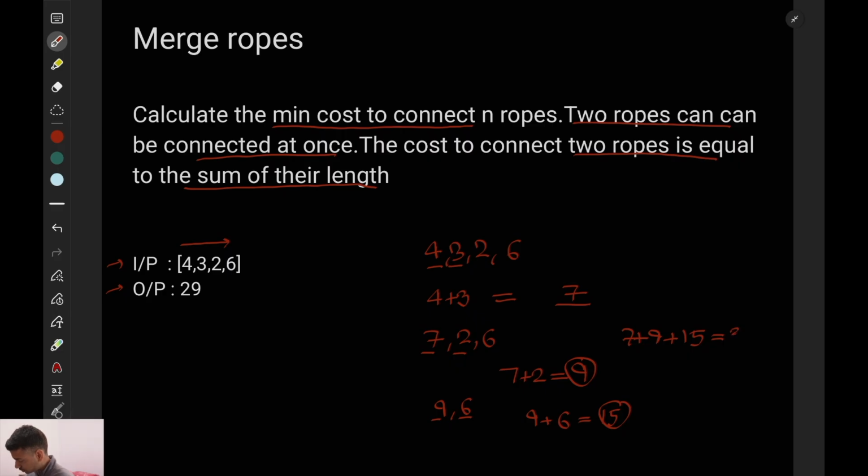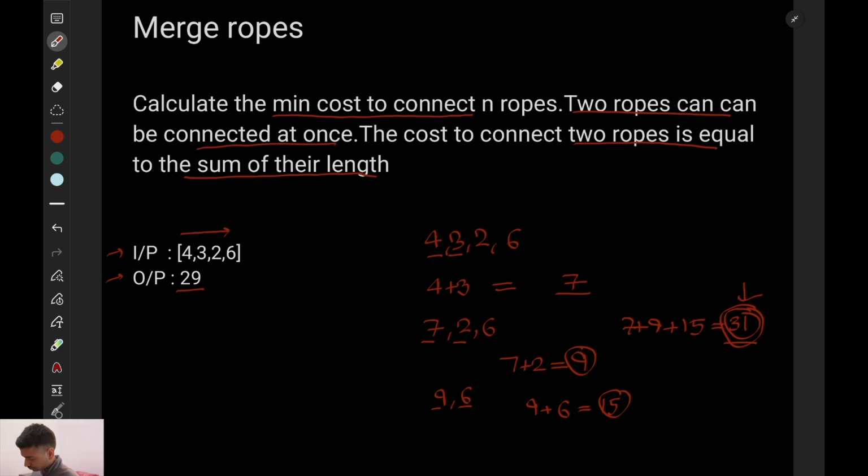equal to 31. Now notice that 31 is greater than 29. So this is not the answer and we need to minimize this value.